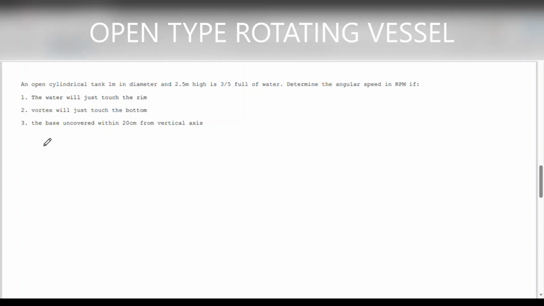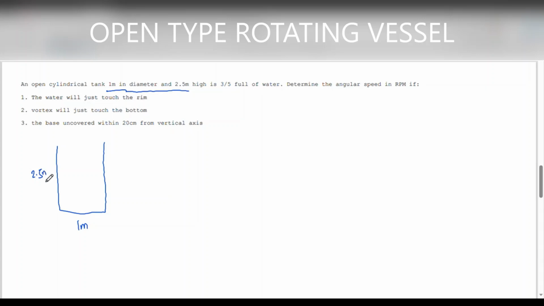So the problem states it has an open cylindrical tank 1 meter in diameter and 2.5 meter high. So you can draw it like this: open cylinder with a diameter of 1 meter and a height of 2.5 meter.